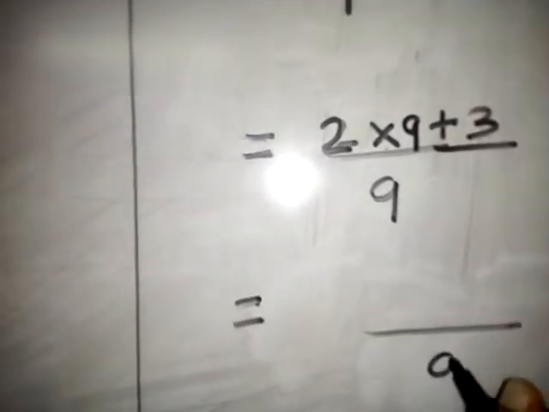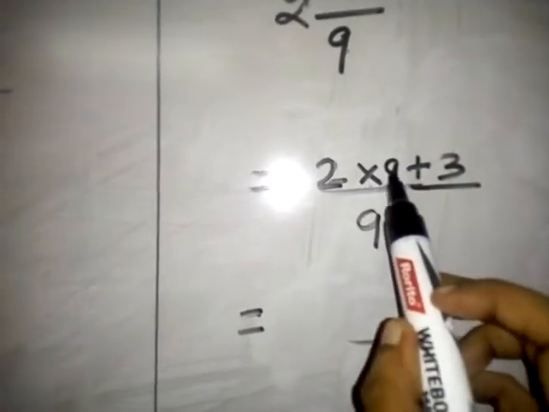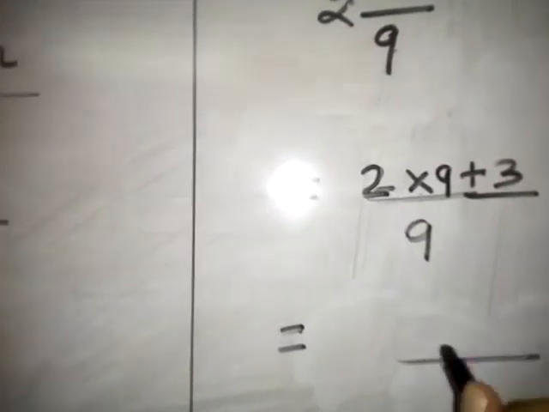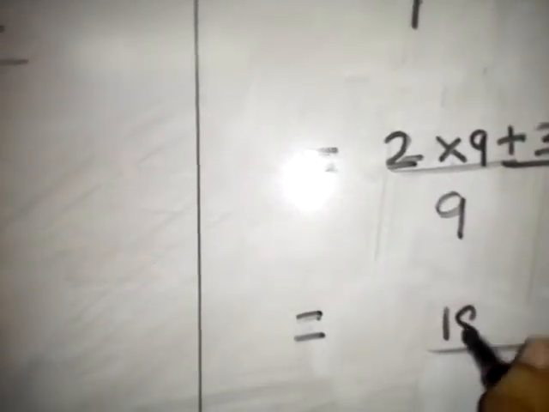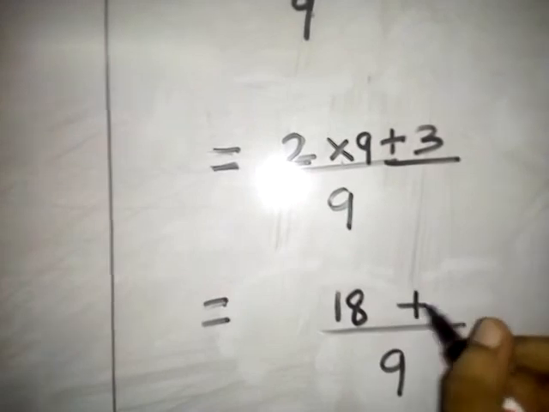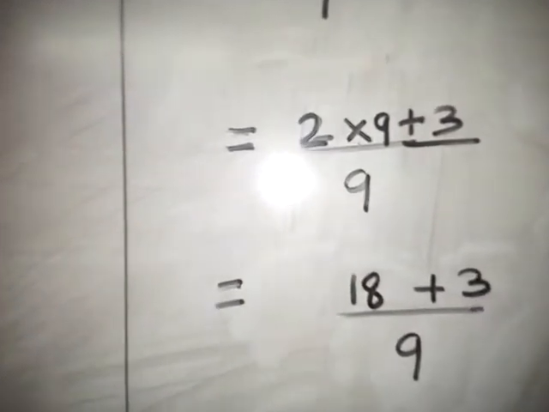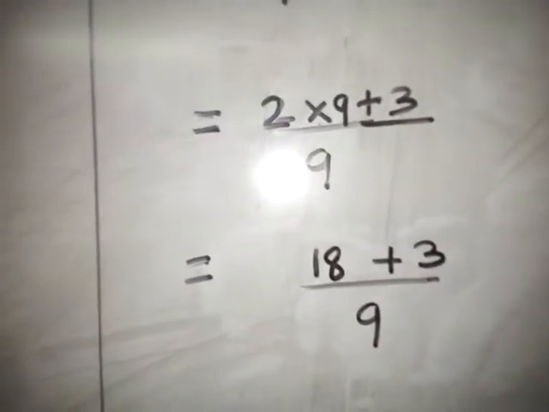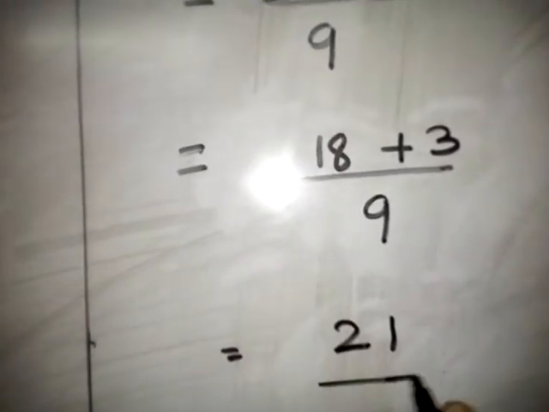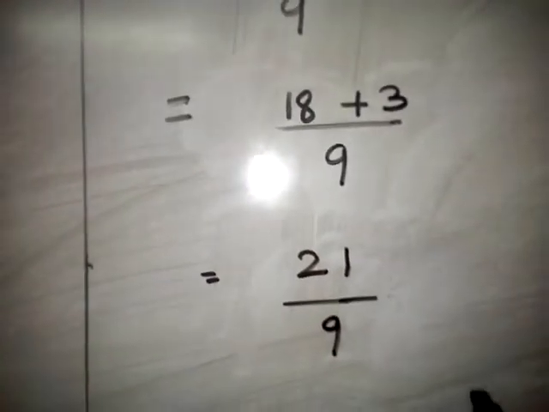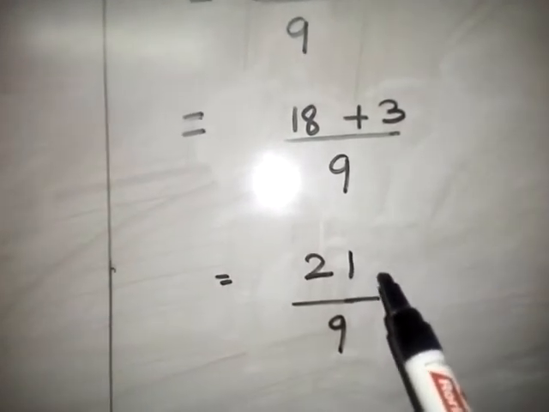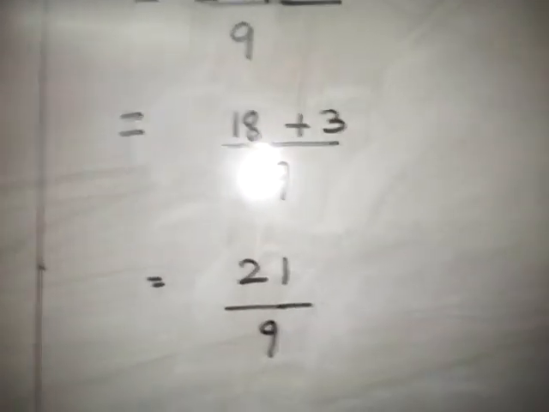Write this denominator as it is. Multiply this and then you have to add. 2 9s are 18. 18 plus 3, 21 upon 9. So now you have to divide this 21 by 9.